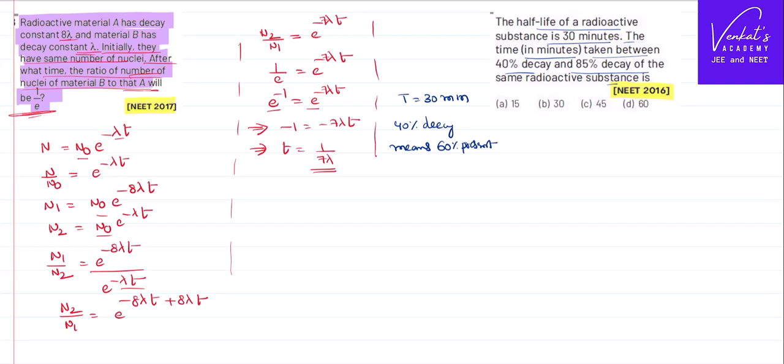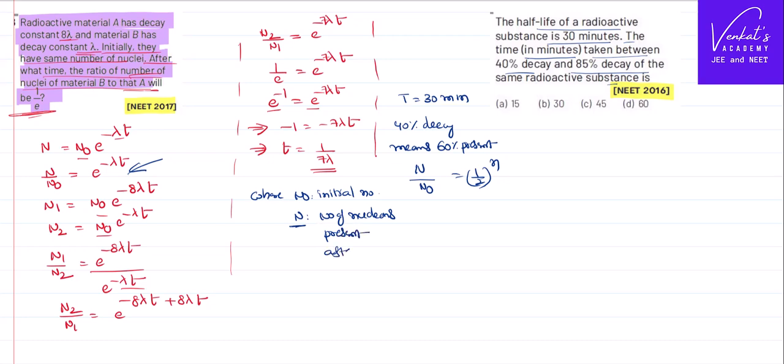Taking that into consideration, if you extend this relation further, N by N0 can be written as 1 by 2 power of n, where N0 is the initial number of nucleons before the beginning of the journey, and N is the number of nucleons present after the given time t.